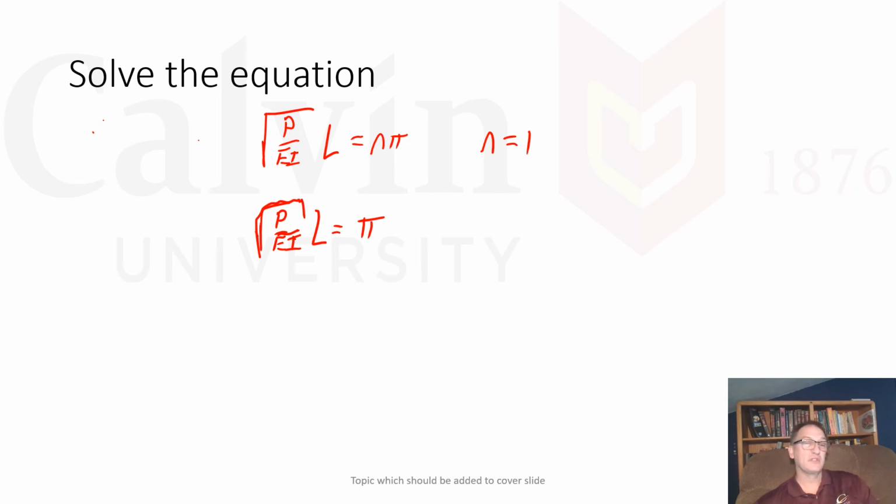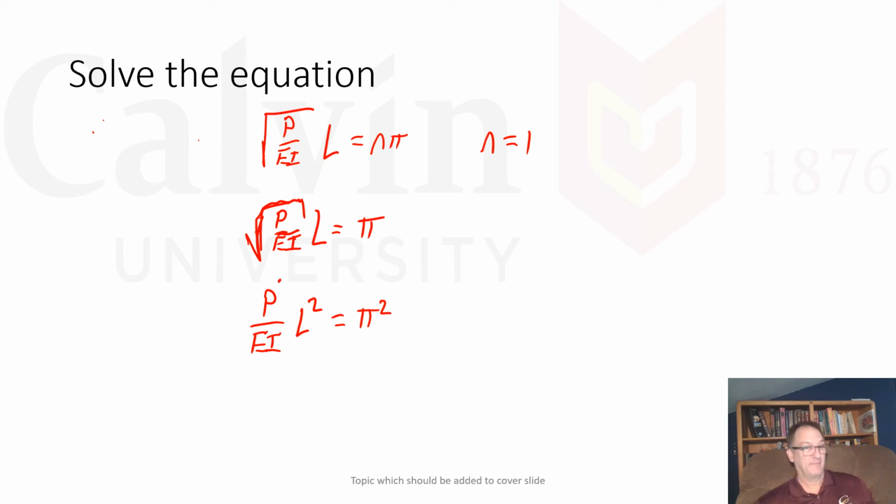Now I want to square both sides because I don't like the way this is formulated. I don't want to deal with a radical, and I've got to get back to P. So it's P over EI L squared is equal to pi squared.